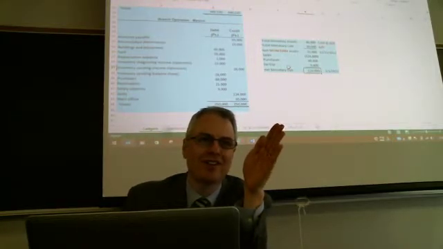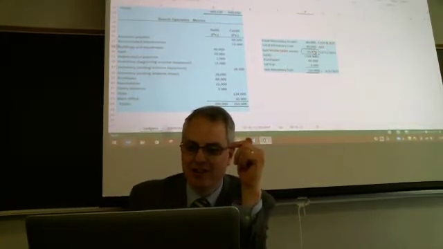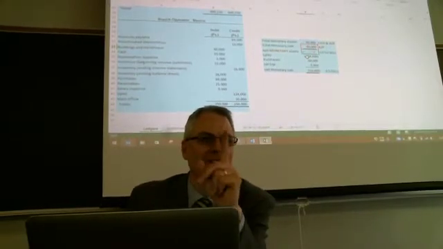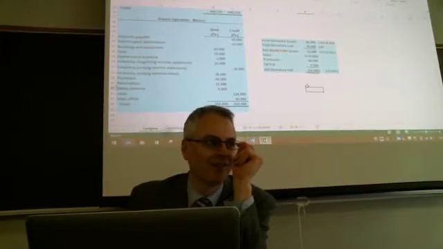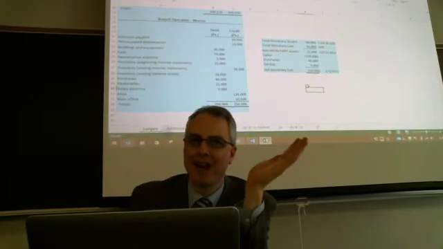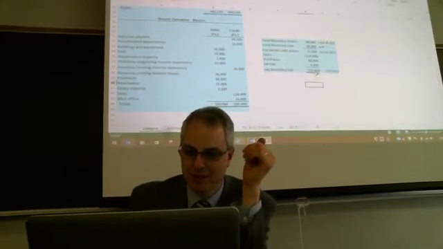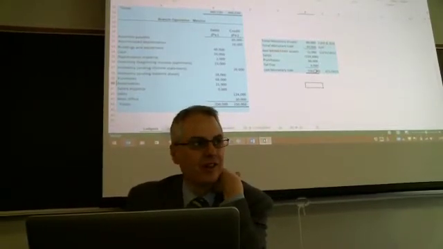This balance here, net monetary assets, is as of 12/31/2011. I need to find out what it was at the beginning. So I'm going to reverse everything. If it's a sale, I'm going to subtract it. If it's an expense, I'm going to add it back. So I end up with a negative 16,000 as of 1/1/2011.